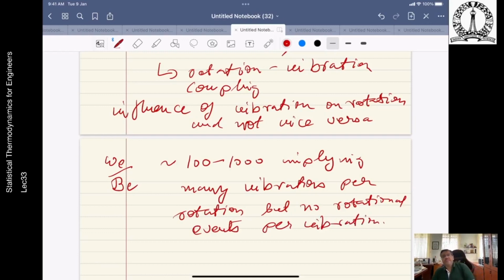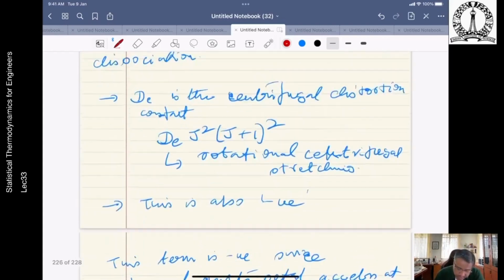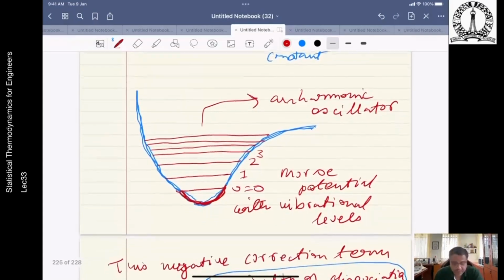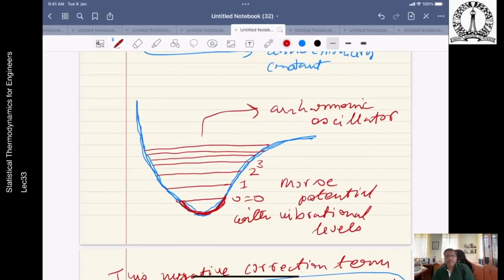The controlling effect of vibration on rotation is also given in this particular diagram. If you look at it carefully, it portrays an increasing bond length with the rising vibrational quantum number. This increasing bond length leads to an enhanced moment of inertia, which reduces the effective rotational levels.